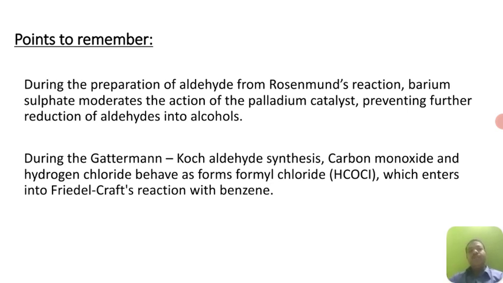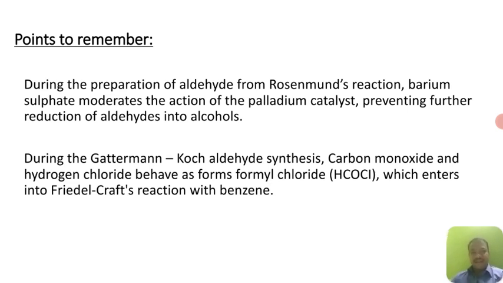Here are a few points to remember. During the preparation of aldehyde by Rosenmund's reaction, barium sulfate moderates the action of the palladium catalyst, preventing further reduction of aldehydes into alcohols. As I already said, in the Rosenmund reaction, what is the function of barium sulfate?